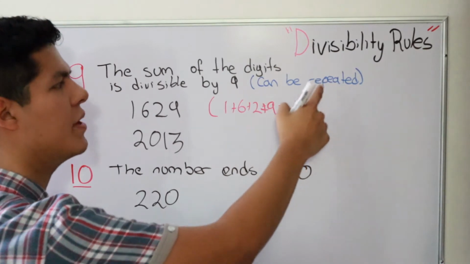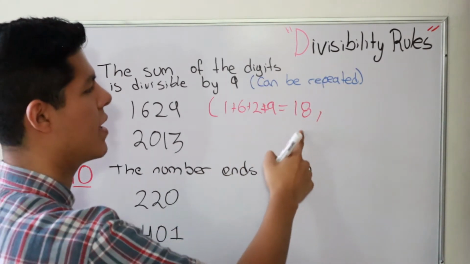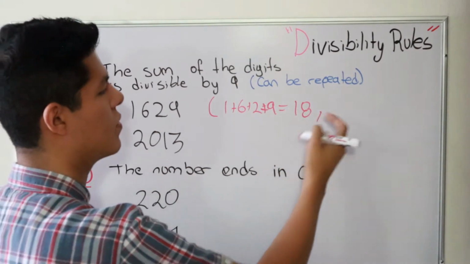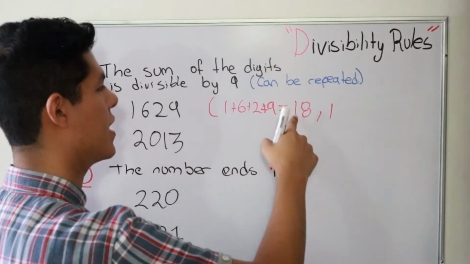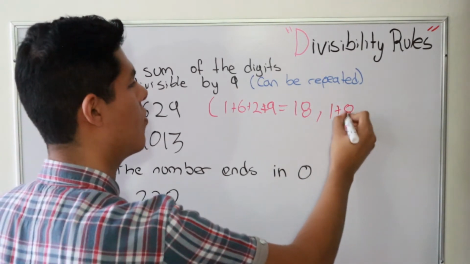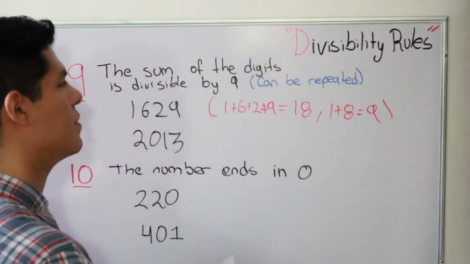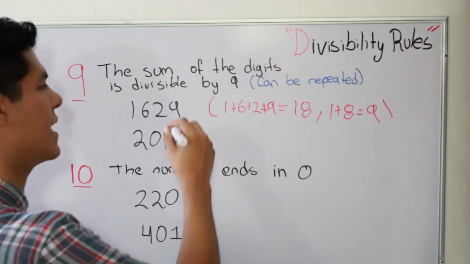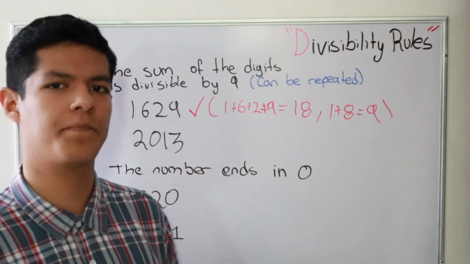This rule can be repeated when needed, so we use it on 18: 1 plus 8 equals 9, and 9 is divisible by 9. So this number is divisible by 9.